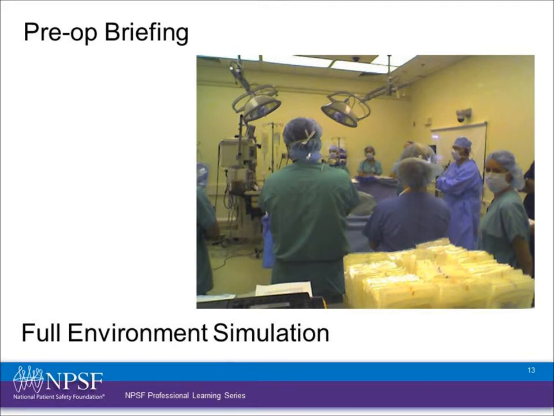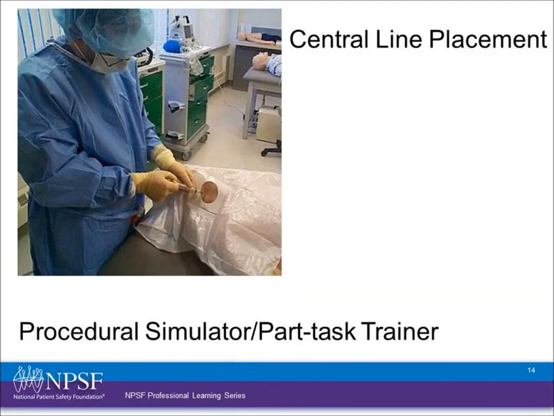So here's an example of using simulation with a part task trainer, a procedural simulator, for teaching how to do central line placement. If you're involved in patient safety, one of the really important current themes today is reducing infections.